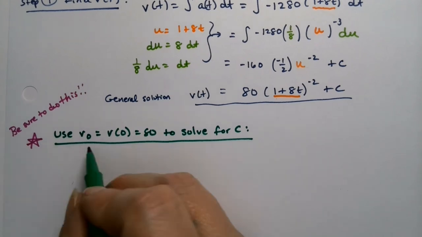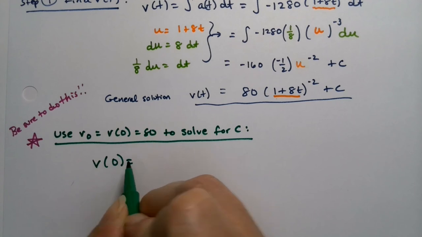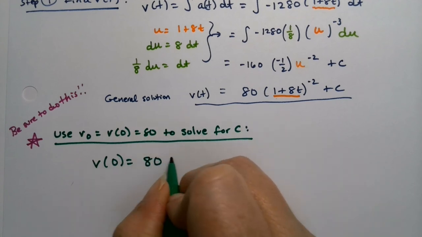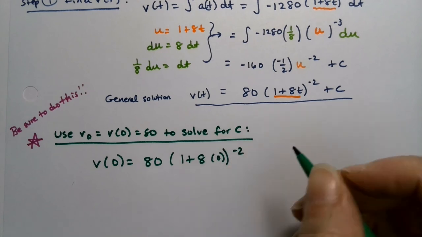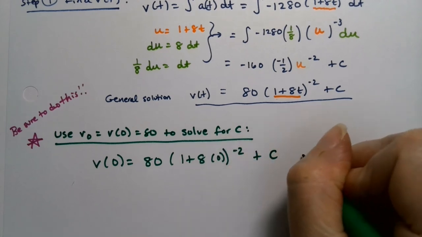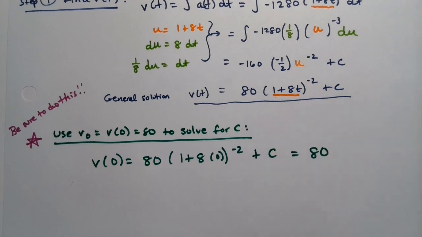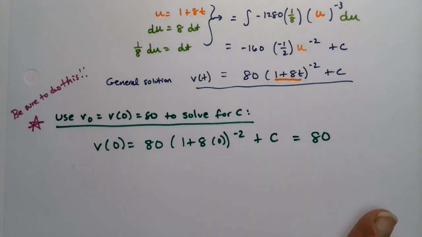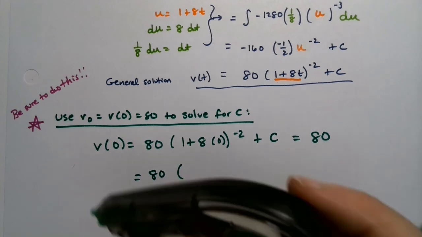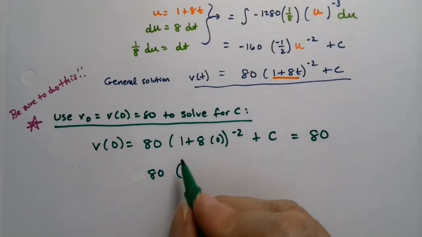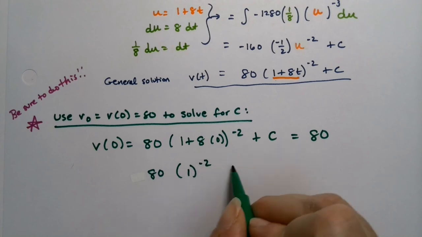Okay, so V of 0 is 80 times (1 plus 8 times 0) to the negative 2 plus c, and I happen to know that that is equal to 80. So this is 80 times, well, that's 1.